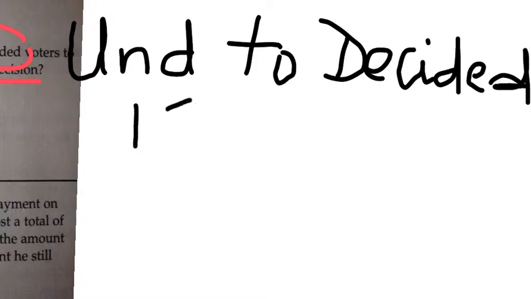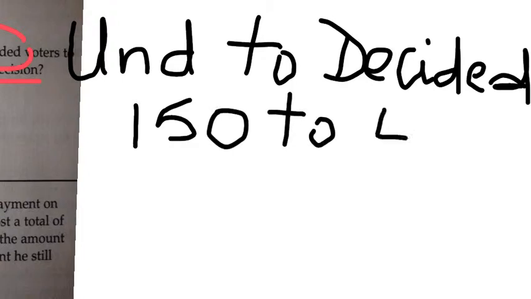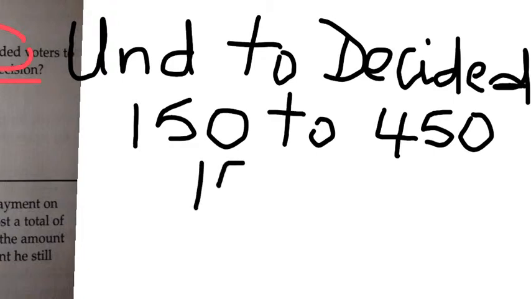We have 150, that's according to the table. To, how many people made the decision? It's 450. Why? Because if 600 people voted, and 150 out of those 600 people could not make up their mind, obviously the rest of the people were able to choose a candidate. So 450 is the number we were looking for.